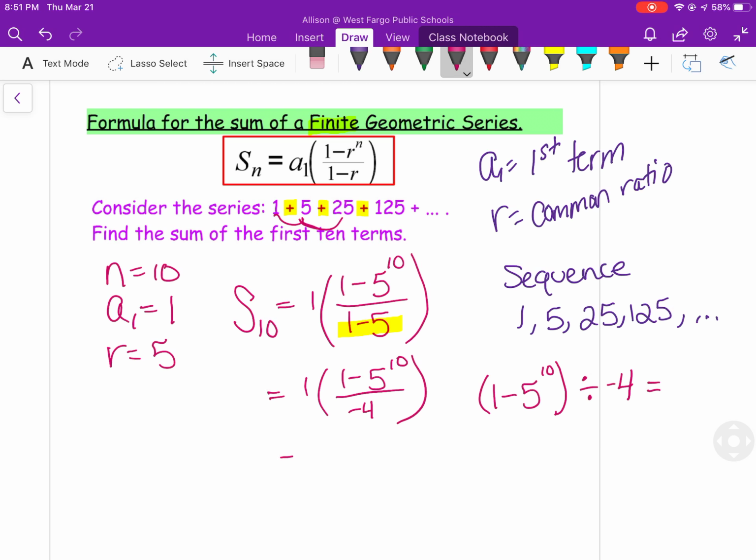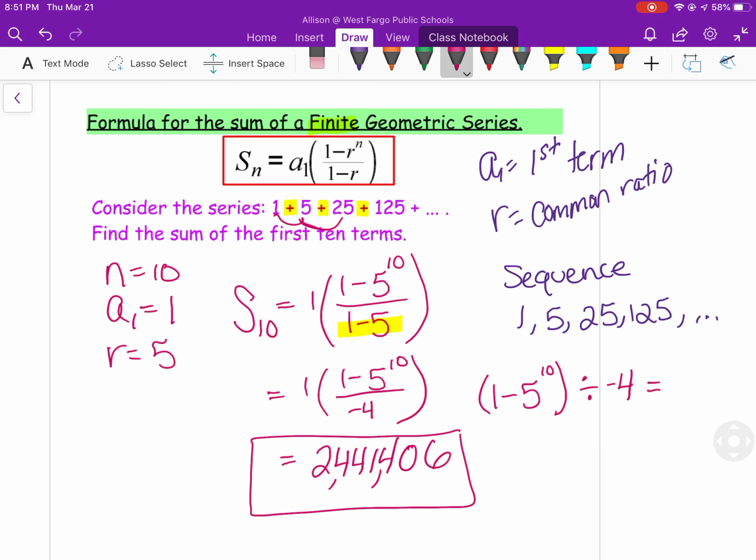In this case, a sub 1 is equal to 1, so it's not really necessary there. I end up with 2,441,406, from the calculation that I did previously. So this is the sum of the first 10 terms of this geometric series.